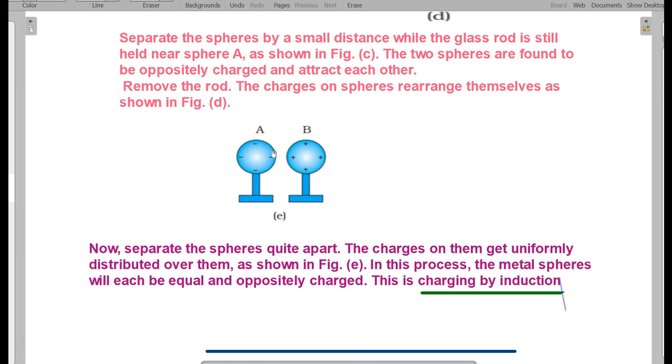In this process, the metal spheres will be equal and oppositely charged, and the charges are residing on the surface. Charges are uniformly distributed over the surface. This process is called charging by induction.